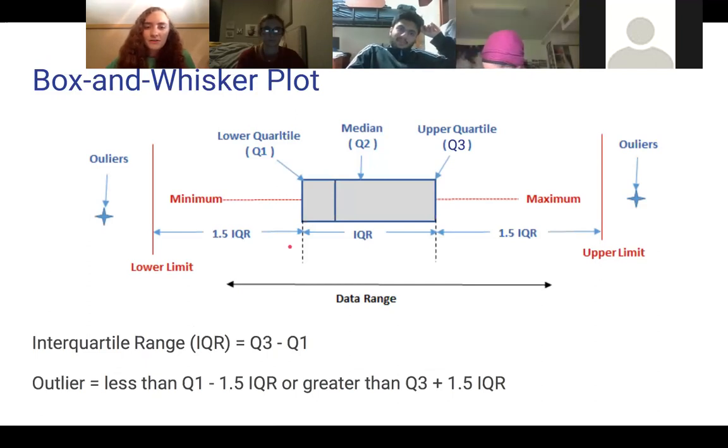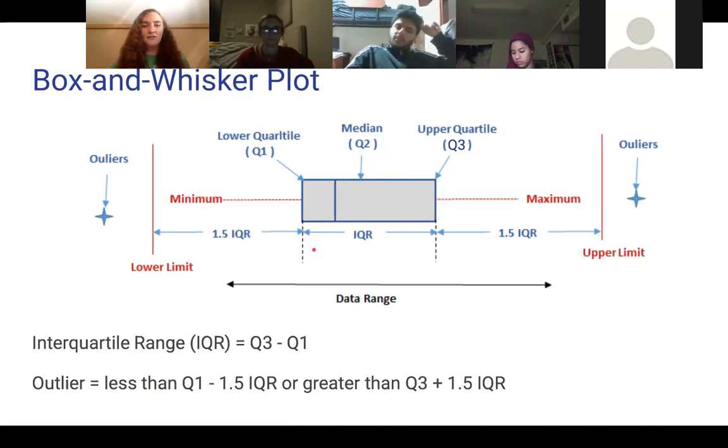Think of class rank. You have your first quartile, your median is your second quartile, and your third. The box shows the area between the first quartile and the third quartile, and that's your IQR, your interquartile range.